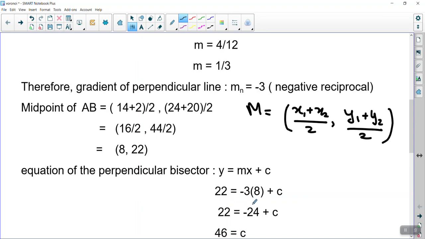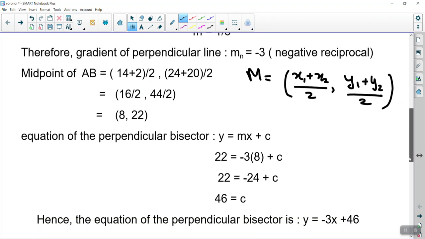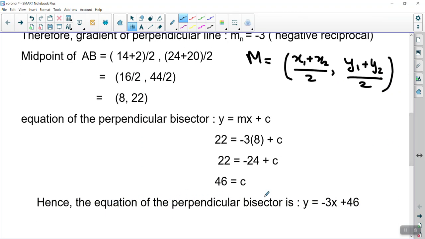Plug them in, and 3 times 8 is 24. Take it to the other side and get the y-intercept c, which is 46. The equation of the perpendicular bisector is y equal to minus 3x plus 46. That's part A done.